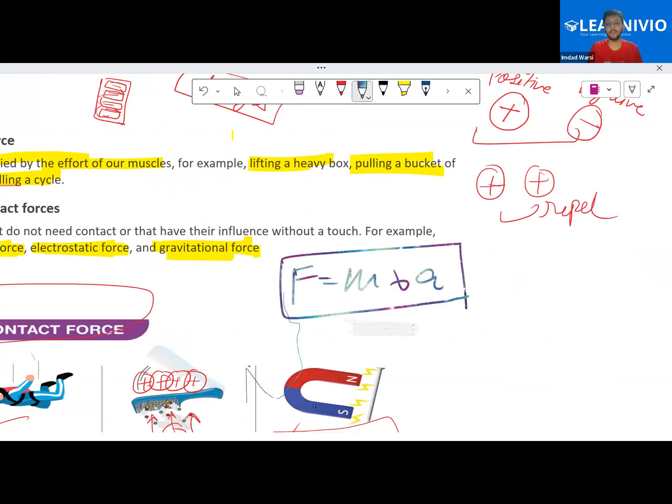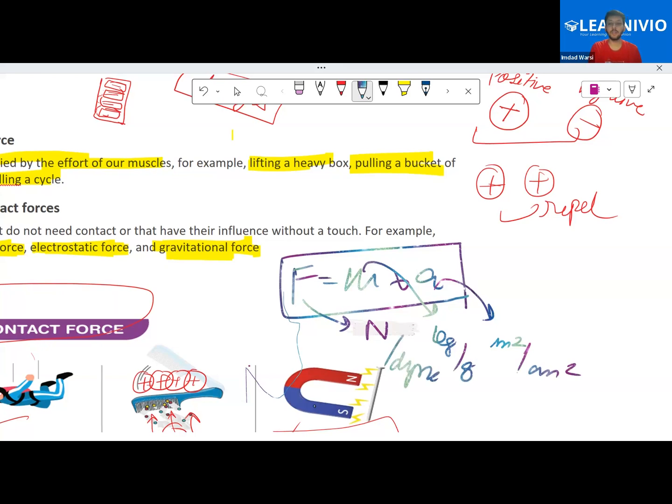If force is in Newton, then mass would be in kg, and acceleration would be in meter per second square. And if this force is in dyne, then this kg would be gram, and this meter per second square would be centimeter per second square. Okay.